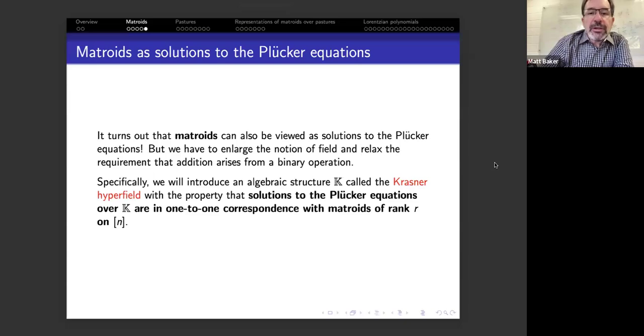So specifically, we're going to introduce an algebraic structure called the Krasner hyperfield, boldface K. And it'll have the property that solutions to the Plücker equations over the Krasner hyperfield are in one-to-one correspondence with matroids of rank R on an n-element set. So this analogy between subspaces and matroids is quite precise if we enlarge the set of algebraic objects that we are willing to look at equations over.